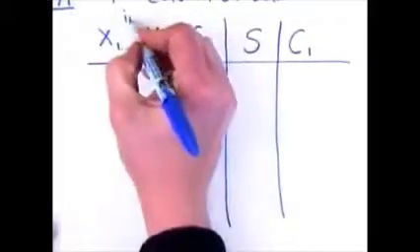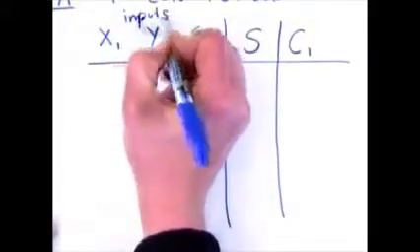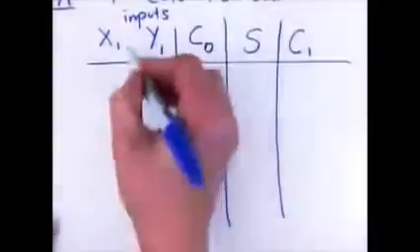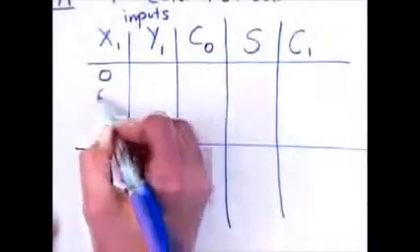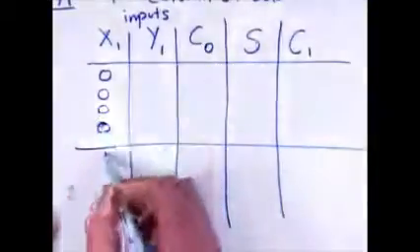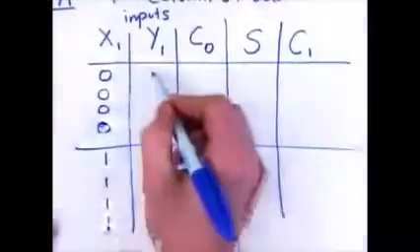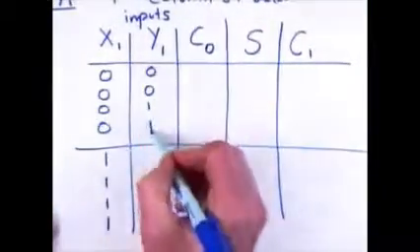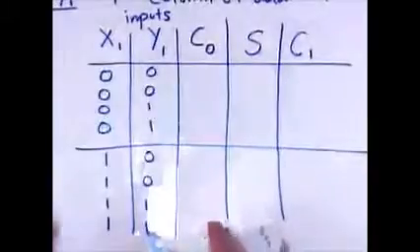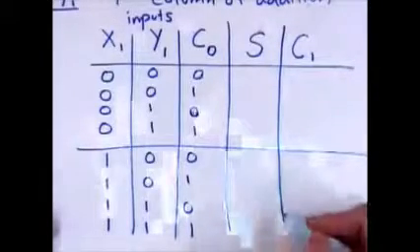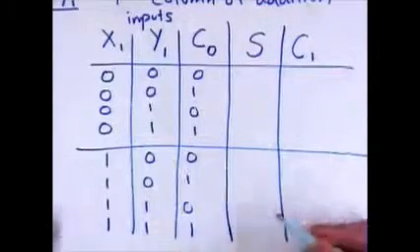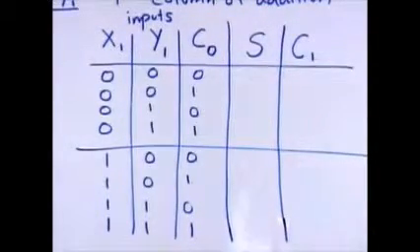Then X, Y, and C0 are my inputs, so I can go ahead and fill them out like I normally do for binary. Since there are 3 of them, I have 8 rows in my truth table. And then I just have to figure out what happens for every single row when I do addition.